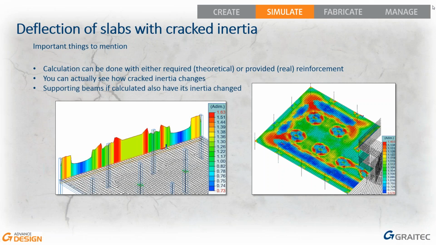And again, you can also consider your beams in the calculation of the slab deflection, because when you calculate the beam, it also has its inertia changed. So if the beam cracks, if the beam has some reinforcement provided, you can see the new calculated inertia that are taken into the second FEM analysis calculation.